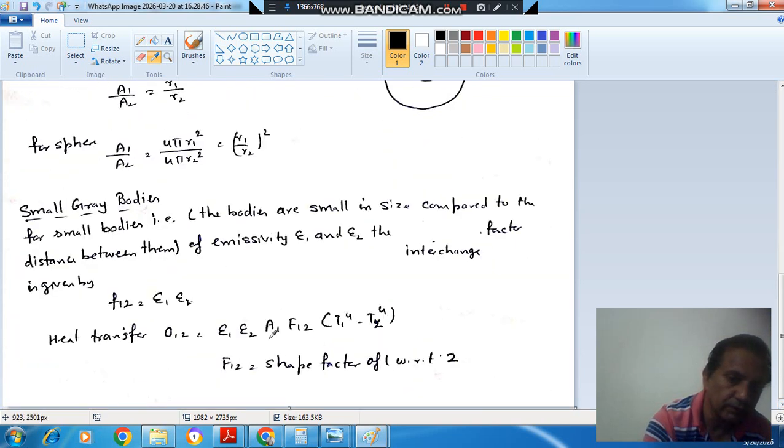So actually the formula is small f12, that is your interchange factor, into A1 into shape factor into bracket T1^4 minus T2^4.